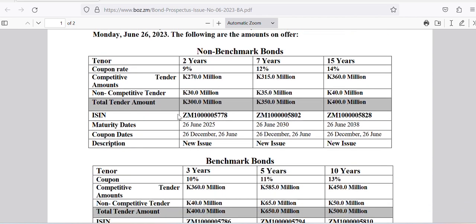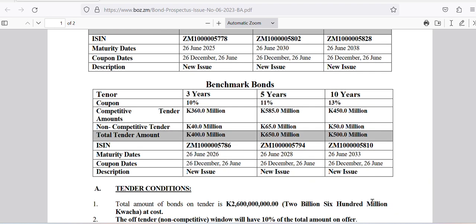Like we mentioned in my previous video, episode number 1, if you've not looked at it, you can go back to it. Bonds are issued with different tenors.